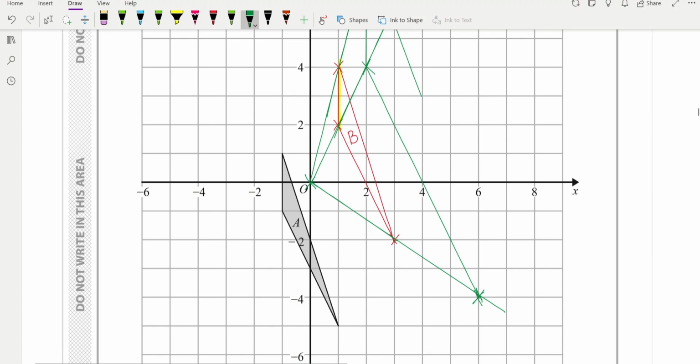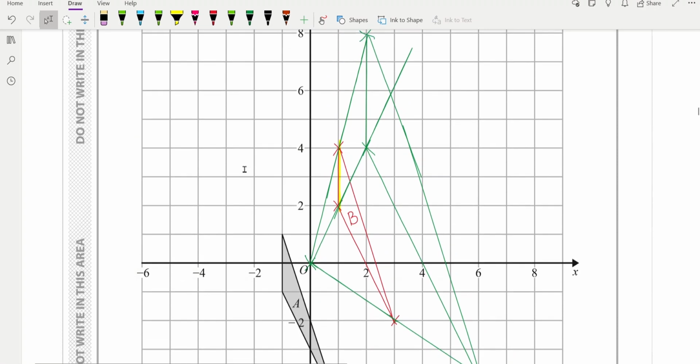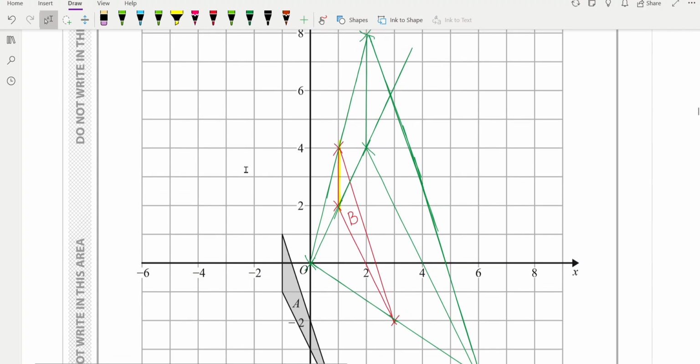Hopefully, yeah, almost it is correct. I'll further make it accurate like this one. Okay, so this will be the triangle, which we need to label as C, and this is C, which we have labeled.